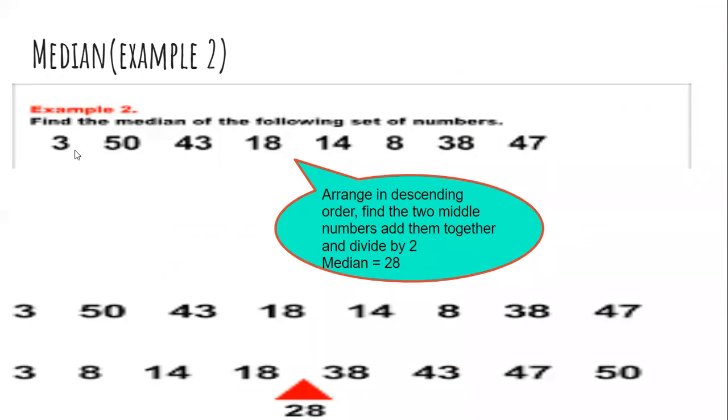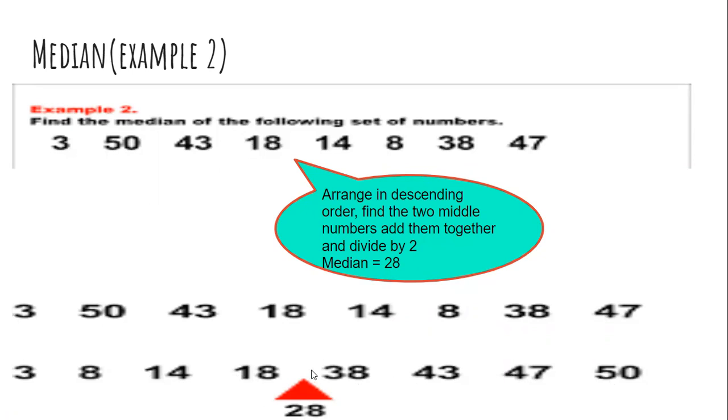We're given 1, 2, 3, 4, 5, 6, 7, 8 terms, which means they are even terms. Now we must take these numbers and order them in ascending order. As you can see at the last row, we have ordered them: 3, 8, 14, 18, 38, 43, 47, and 50.